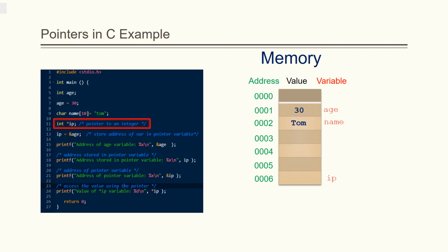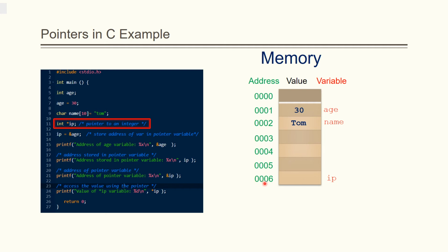Going to declare a pointer. Basically it is an integer pointer, so please note that the star operator is used to declare pointers. After this, it looks like this: an integer pointer variable is declared here, and it is also assigned to some specific memory address.